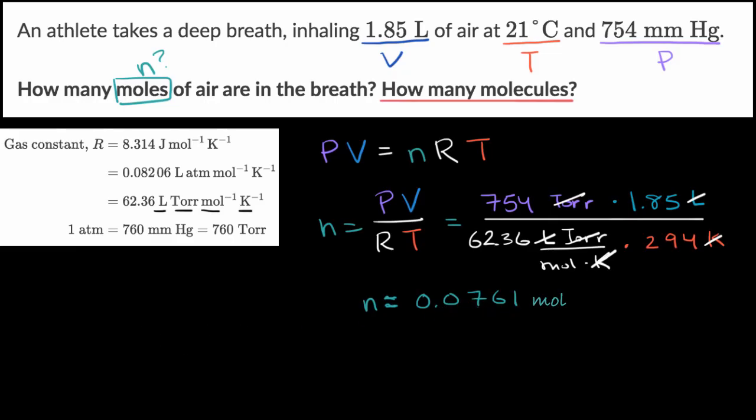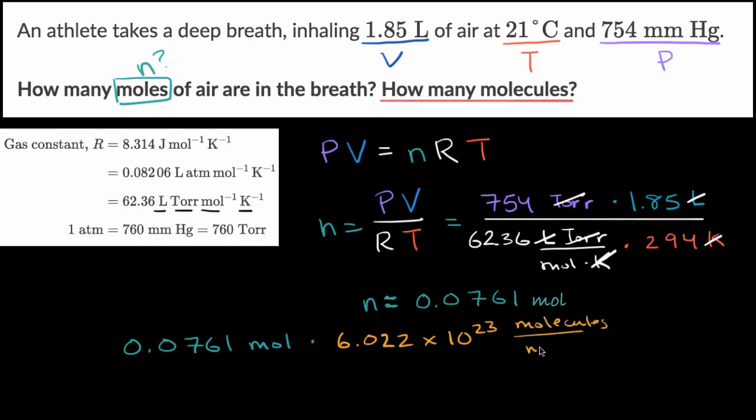We could write 0.0761 moles times 6.022 times 10 to the 23rd molecules per mole. Now the moles are going to cancel out, and I'm just going to be left with molecules.